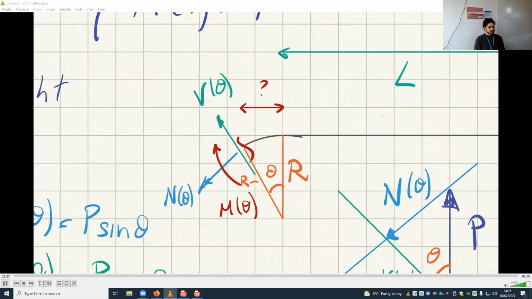Okay, Efia says R sine theta. And that is correct, because you're looking at this edge here, and this edge is R sine theta. You agree with me? Good.